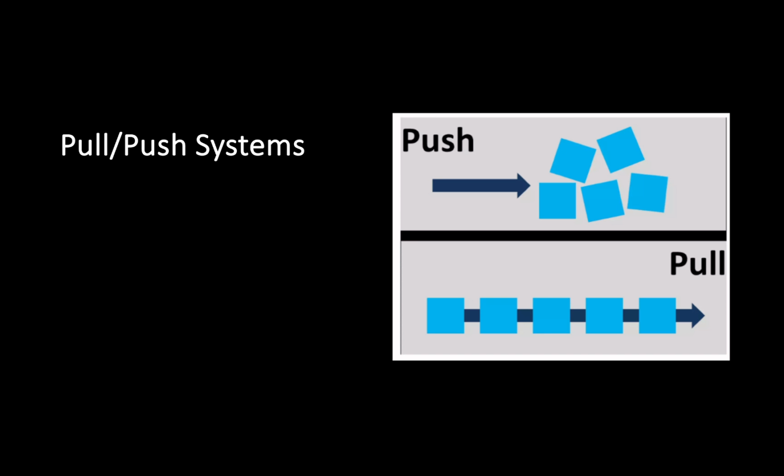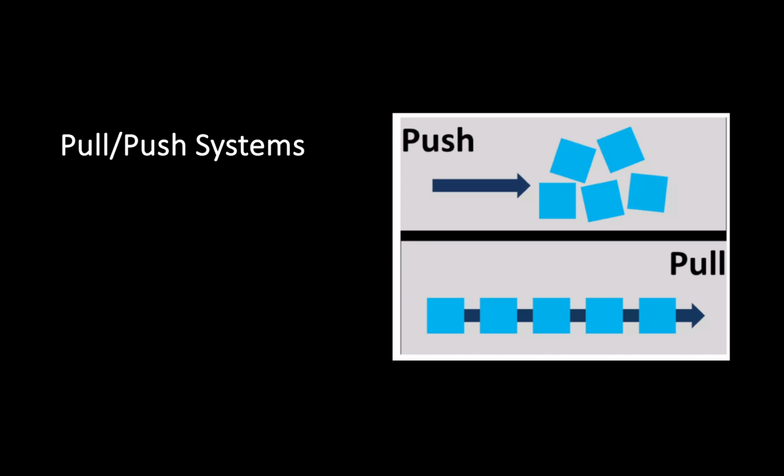A push system is a traditional production environment, where work is finished at a workstation and the work is pushed to the next station, and in case of the final operation, it is pushed on to the final inventory. Whereas in the pull system, we are controlling the movement of the work. Each workstation is going to pull the output from the preceding station as it is needed, and output of the final operation will be pulled by the customer demand.